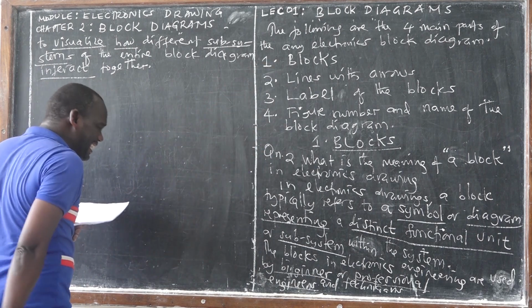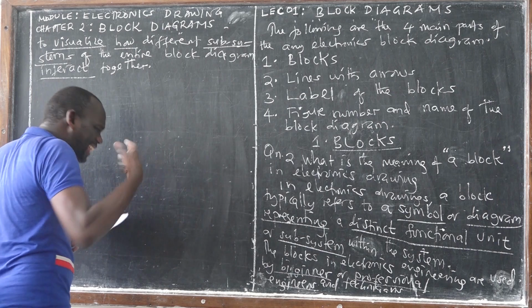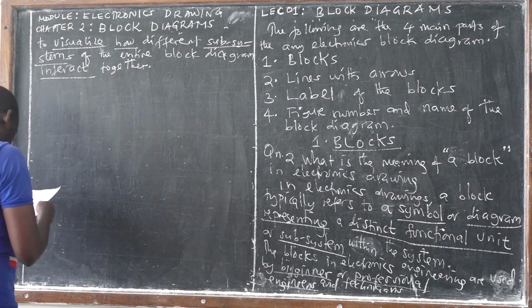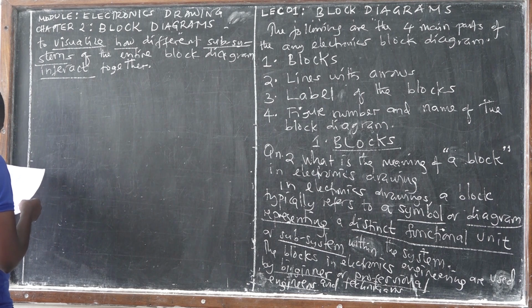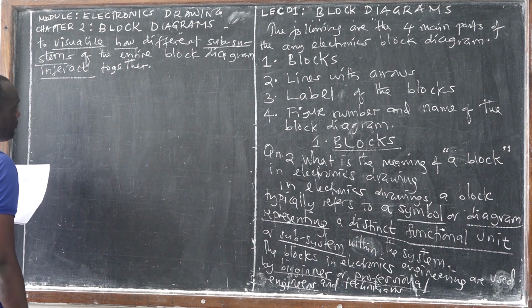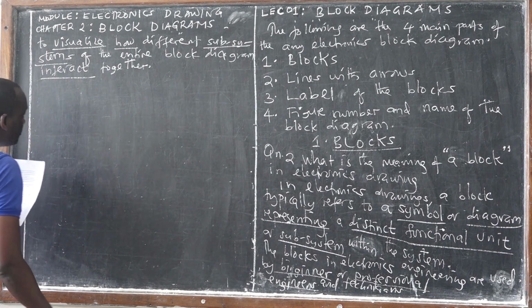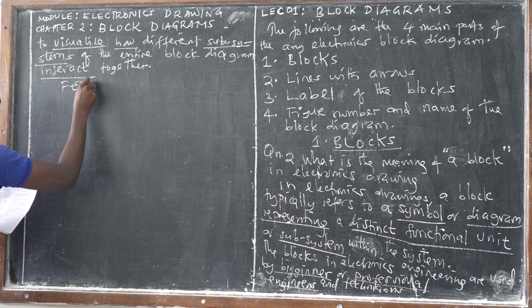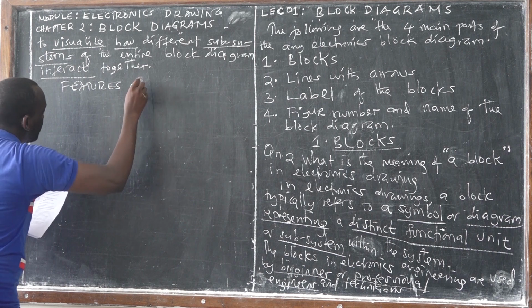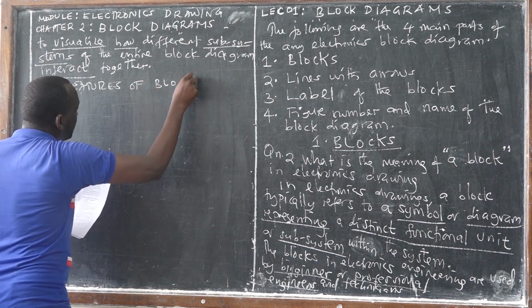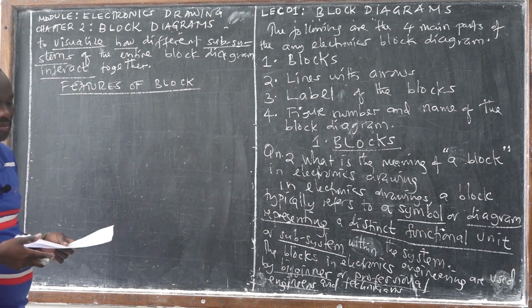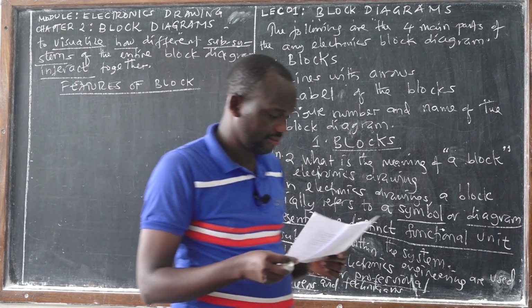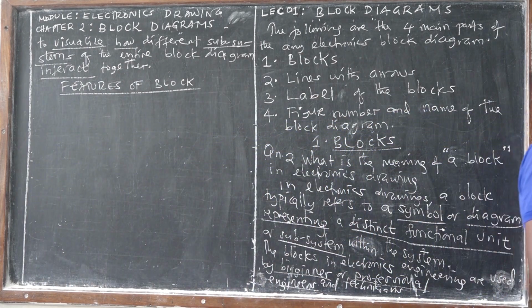These 4 main parts, read them. Read first time, second, third, until you write them in your mind. Second line: labels of the blocks, figure number and name of the block diagram.